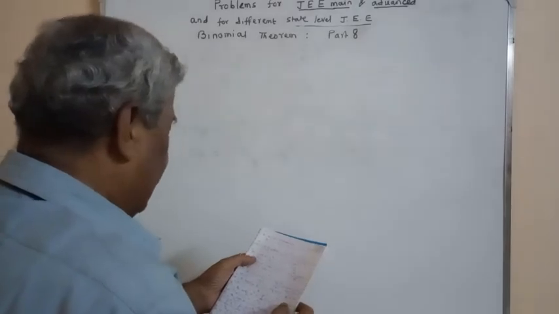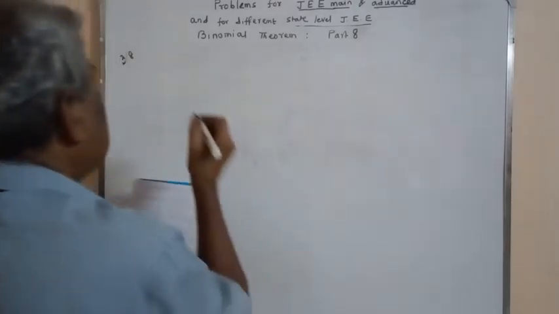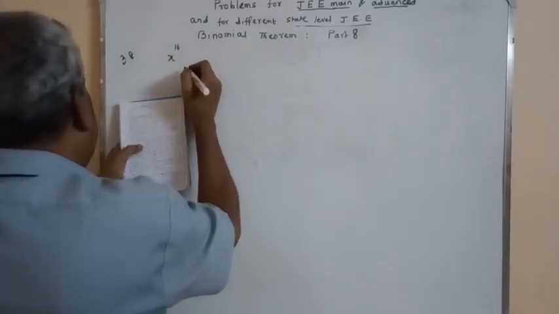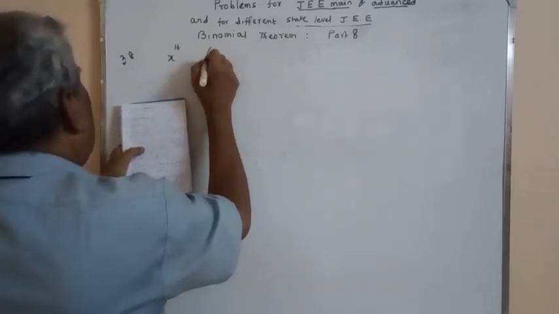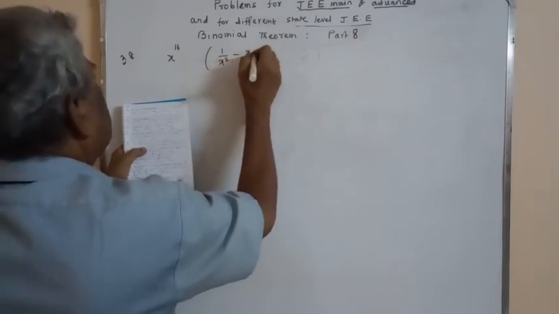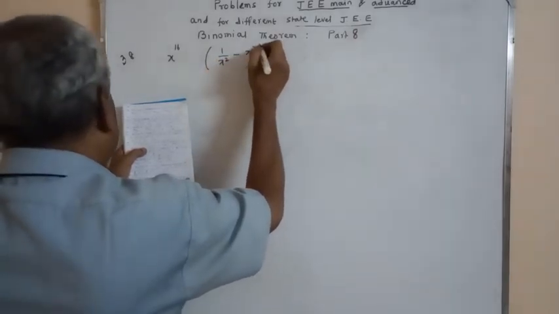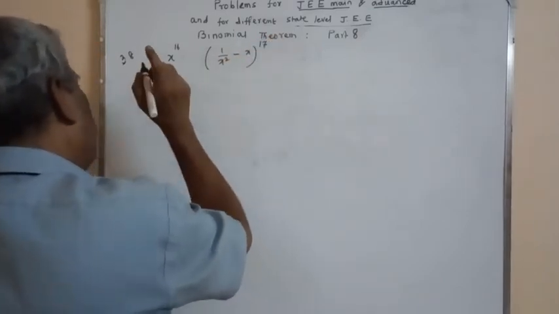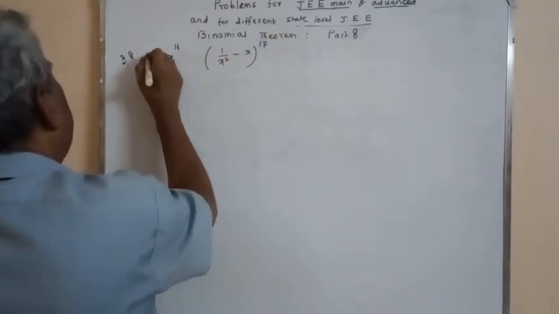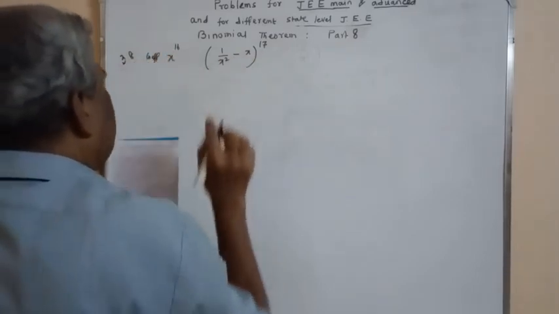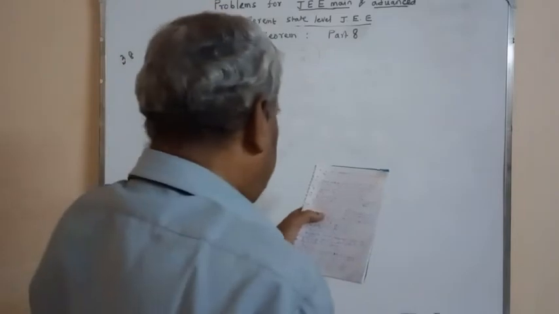Problem number 38 is: coefficient of x to the power 16 in (1/x² - x) to the power 17 is, in that.